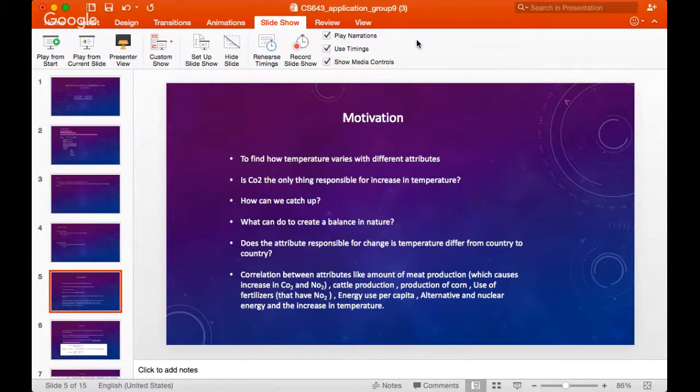We tried to figure out a correlation with meat production. Meat production is causing an increase in CO2 levels because, if you look it up on Google, cattle are causing a lot of CO2, and the fertilizers used to produce food for these cattle cause a lot of nitrous oxide, and cattle production itself causes an increase in carbon dioxide.